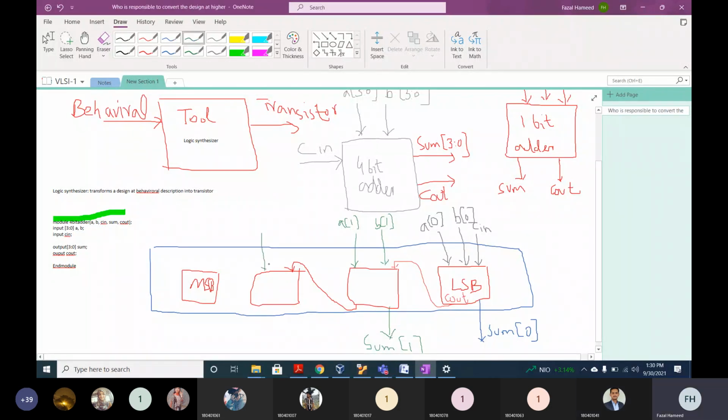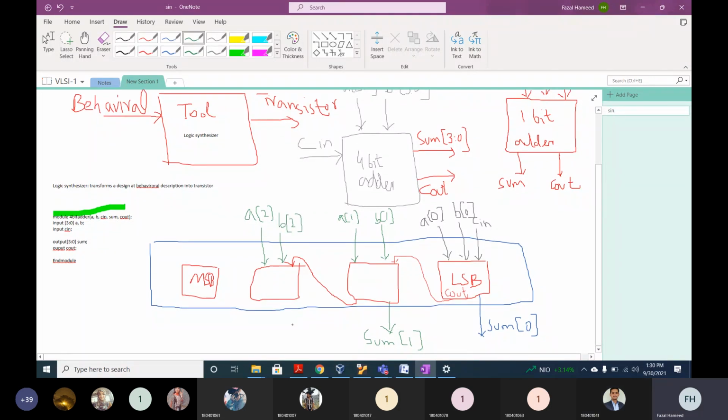Now you will have A2 and B2. Similarly, the output will be sum 2. Then the C out from this stage will go to the input of the next adder stage.